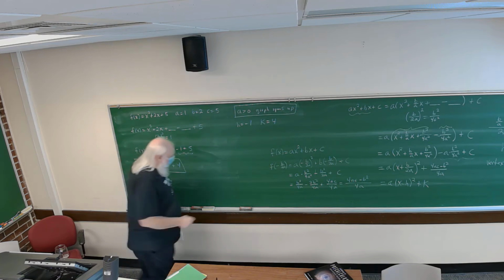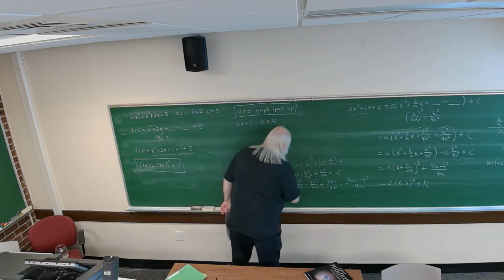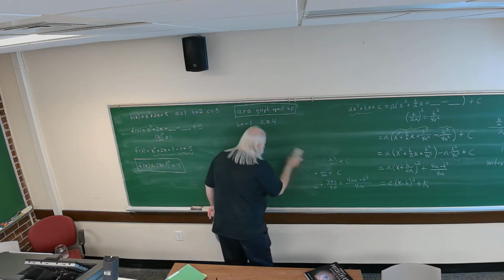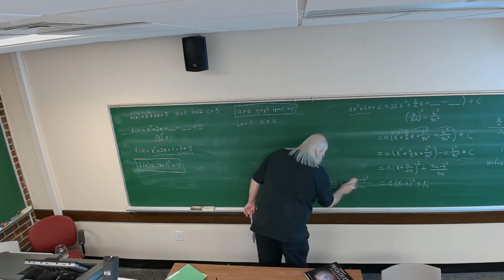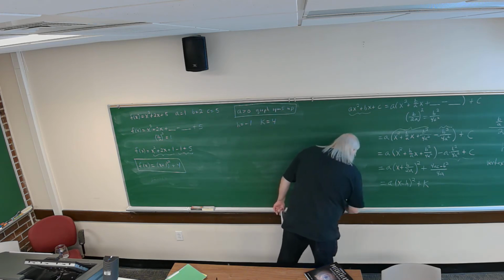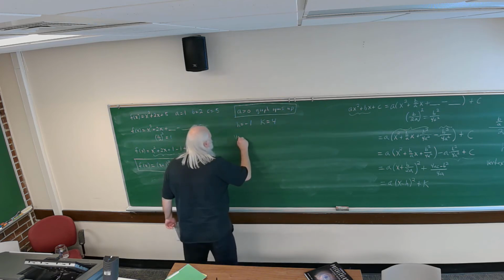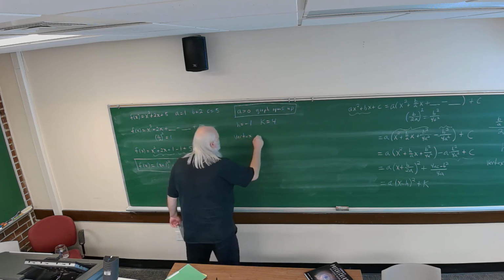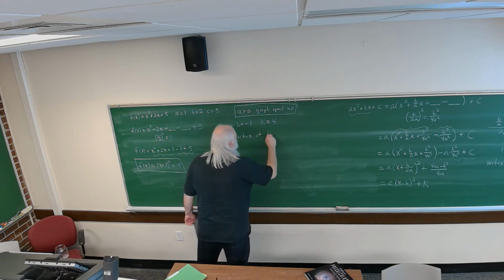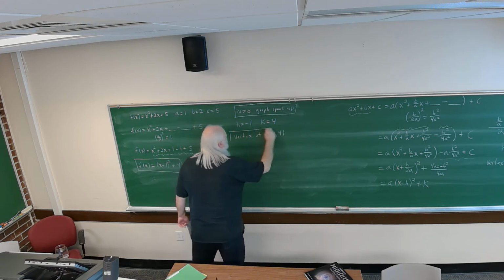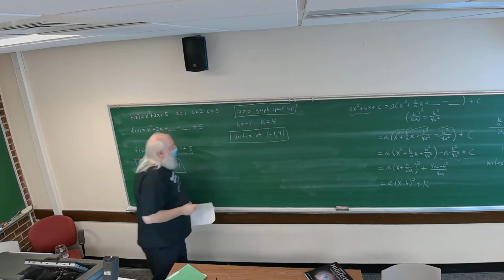K is equal to 4. Okay. So the vertex is at the point (h, k), where h is minus 1 and k is 4. Okay.